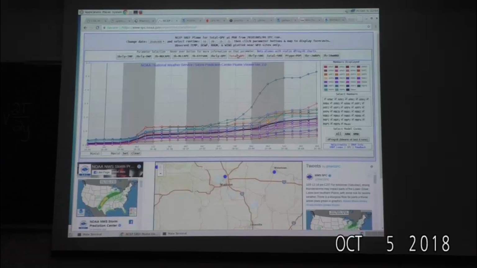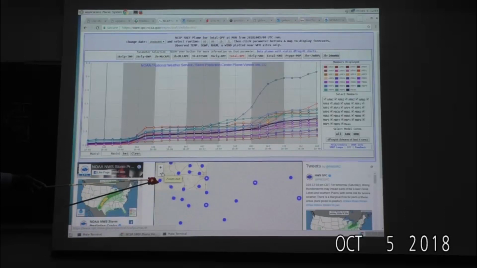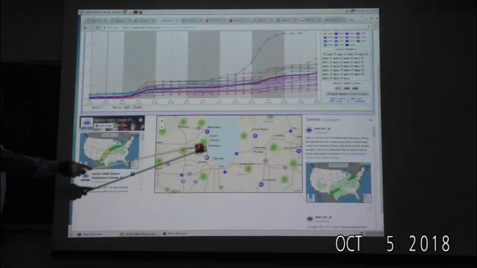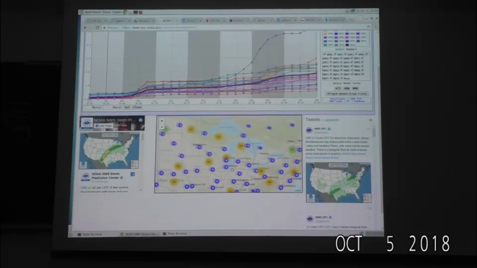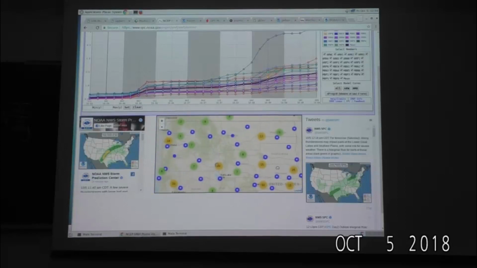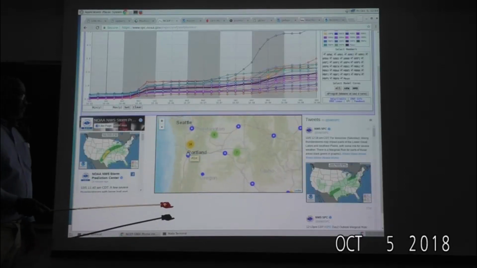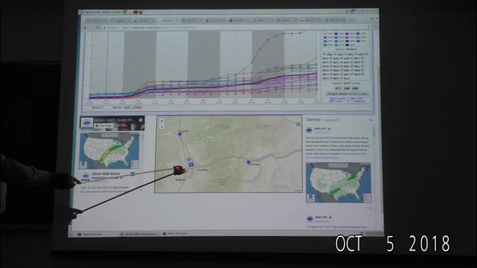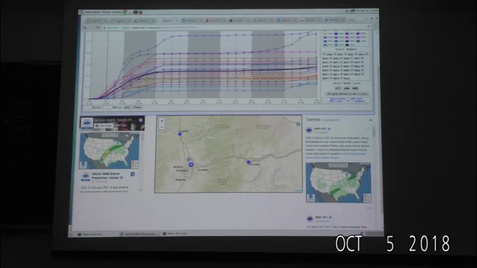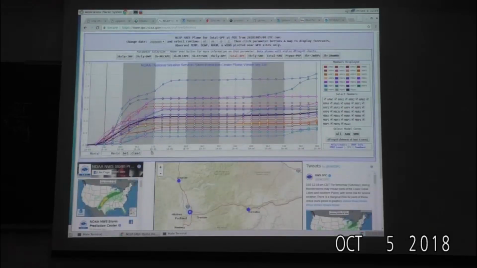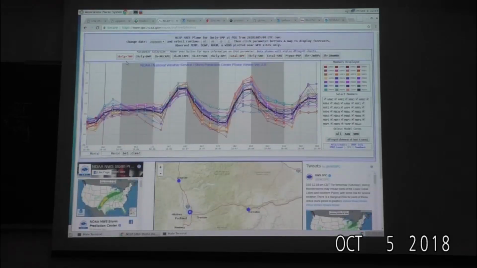So if we go back here and scroll down a little bit, we can actually see different sites around the country for that. While we're at it, since we're talking about Portland, let's go out to Portland and click on that. And we're forecasting through 60. The temperature's okay.